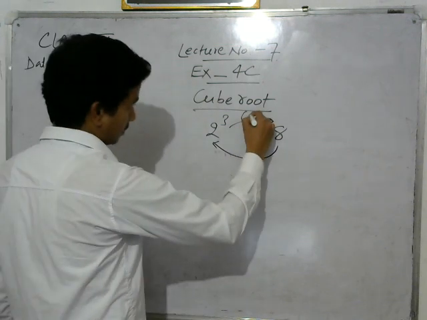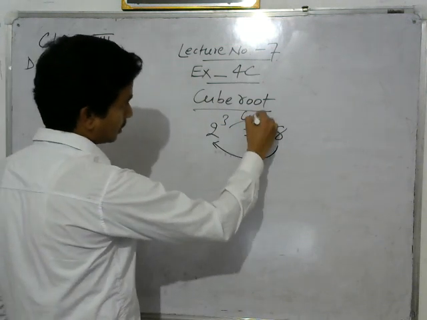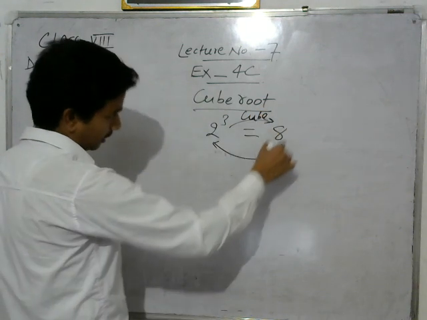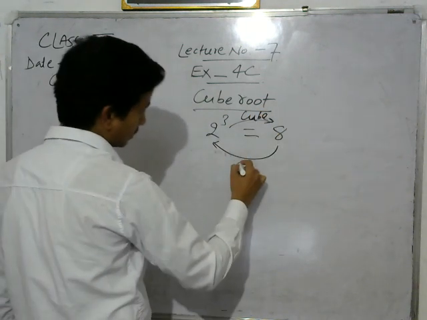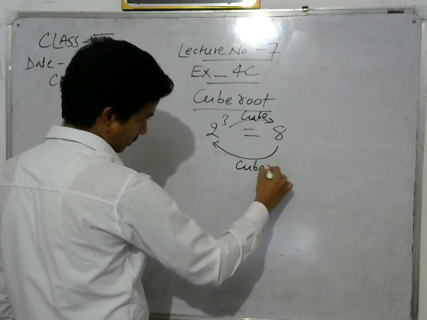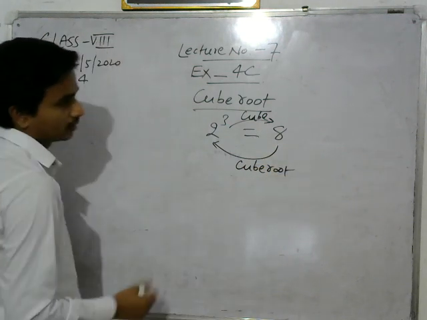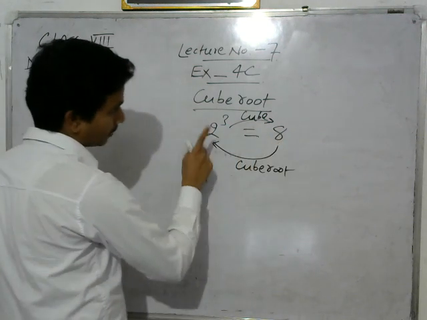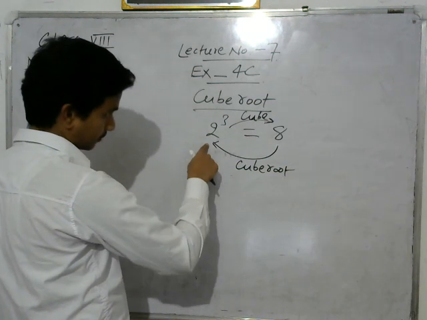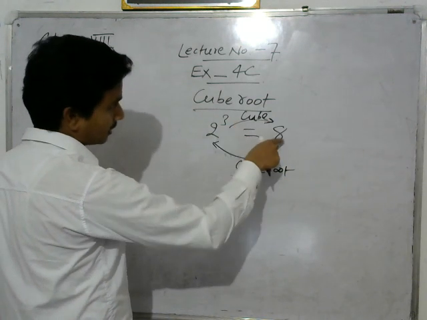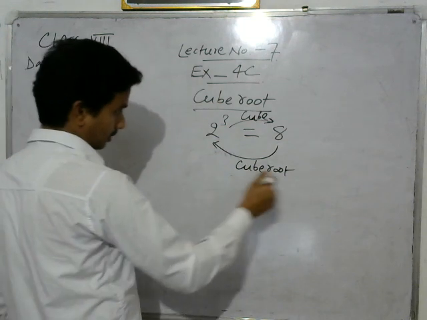If you go from here to here, this is cube, and if you move from here to here, this is cube root. That is, from 8, we want to find which number should be cubed so that we get 8. So that is called cube root.